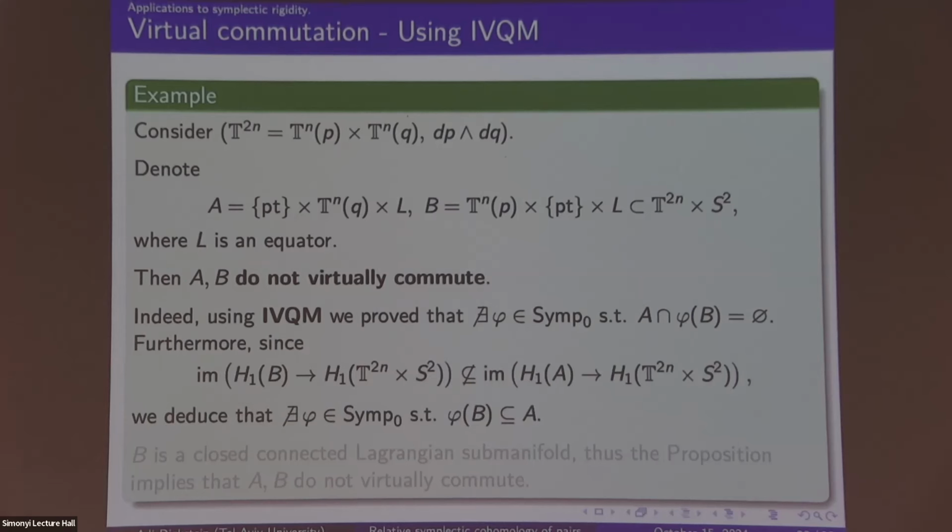The argument with the image of the homology is the same as before. And since B is a Lagrangian, connected, closed, and isotropic, our proposition says that A and B cannot commute.